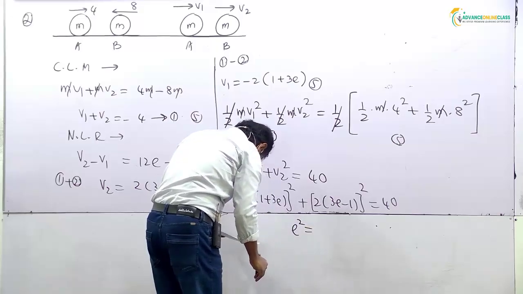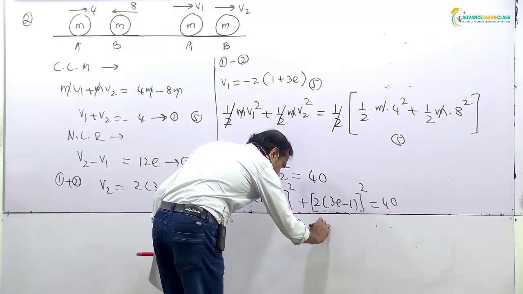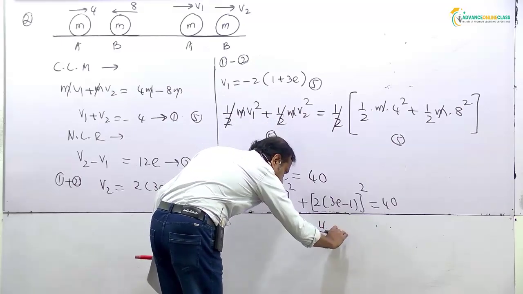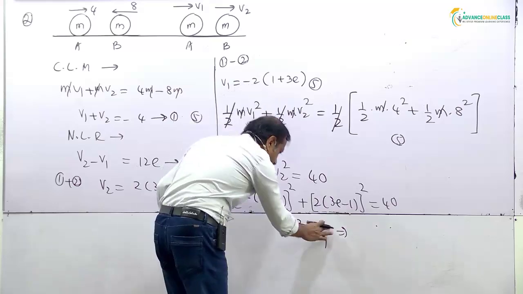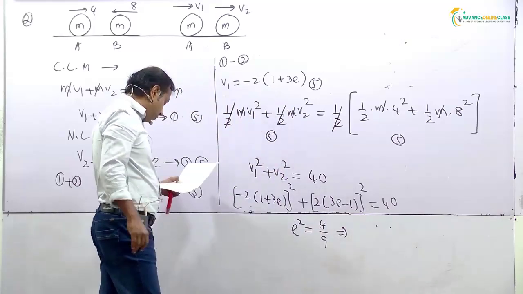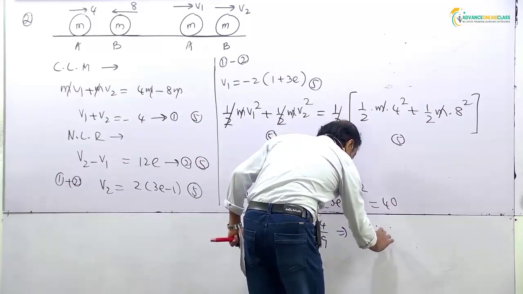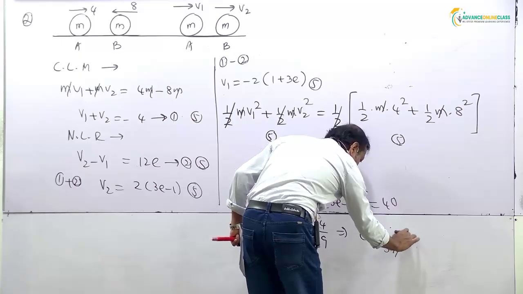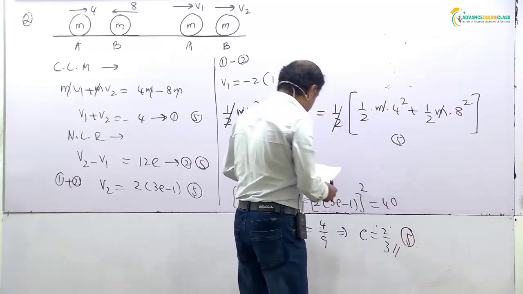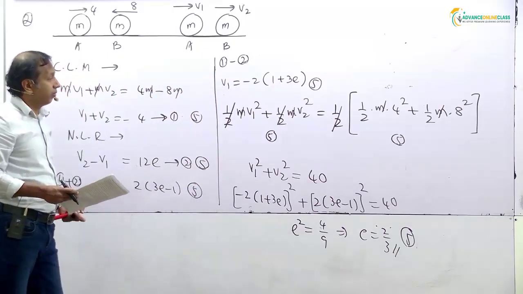E squared comes as 8 over 18, that means 4 over 9. Take the square root. E is a positive value, so take the positive square root. E is 2/3, for this 5 marks. Totally for this question comes 35 marks.